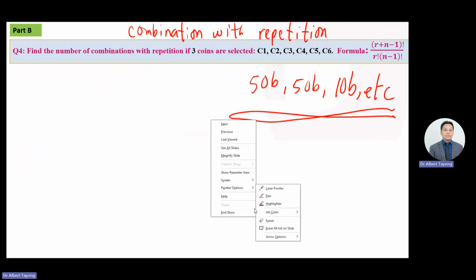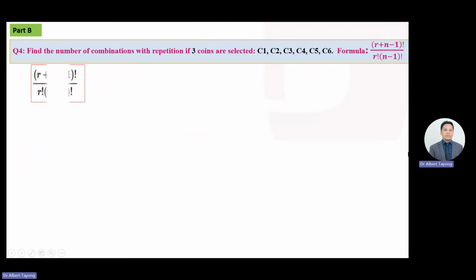So the formula is given. We have the quantity of r plus n minus 1 factorial over r factorial times the quantity of n minus 1 factorial. Here our n is 6. We have 6 types of coins, C1 to C6, and our r is equal to 3. 3 coins are chosen or selected.